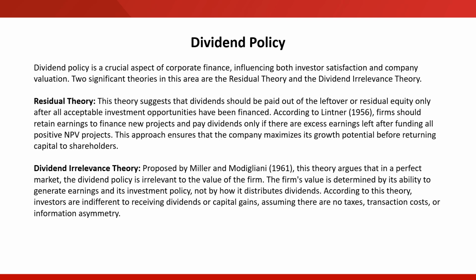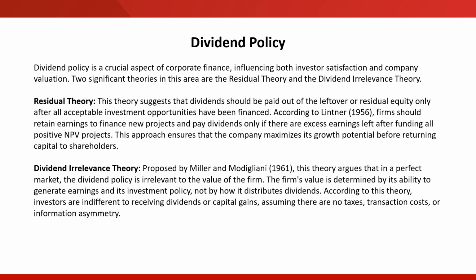Next, we consider the dividend irrelevance theory. This theory postulates that in a perfect market, the firm's value is determined solely by its ability to generate earnings and its investment policy, not by how it distributes dividends. According to this theory, investors are indifferent to receiving dividends or capital gains, assuming there are no taxes, transaction costs, or information asymmetry.